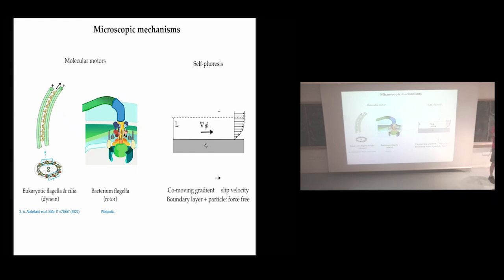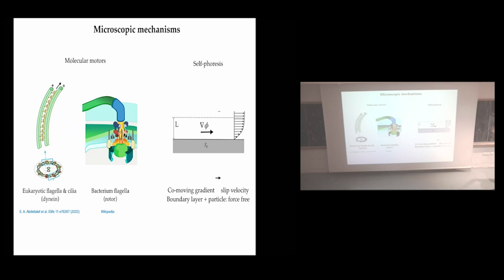The two things have to be force-free. So essentially, the particle moves in order to cancel this slip velocity, such that the particle plus the tiny boundary layer are force-free. Okay, this is essentially, in a nutshell, the idea of phoresis. Self-phoresis is because the gradient moves with the particle itself.